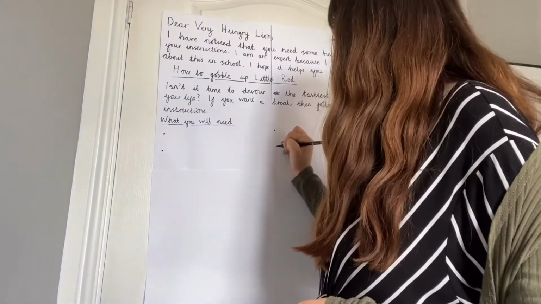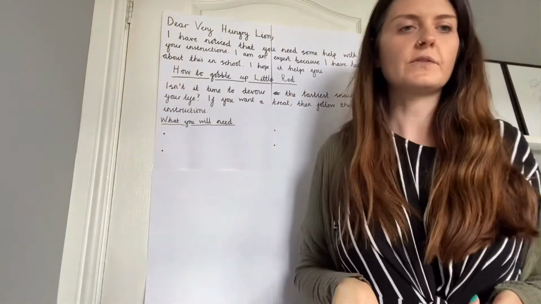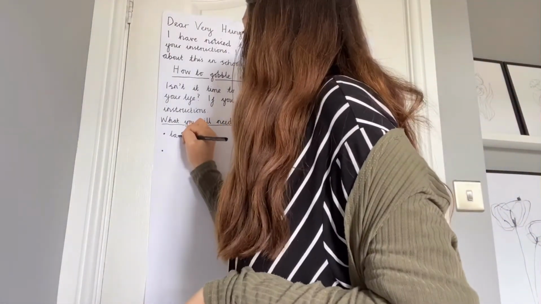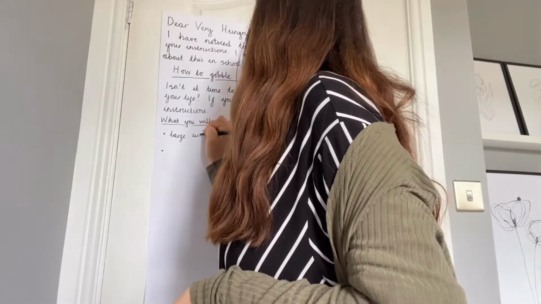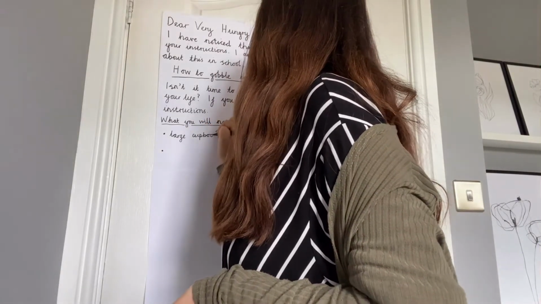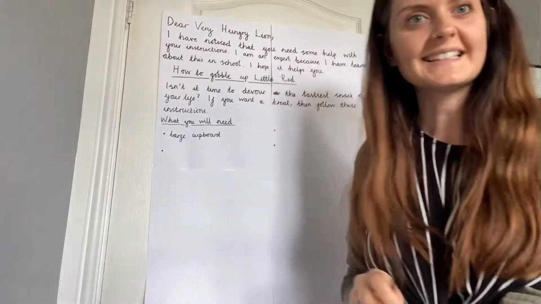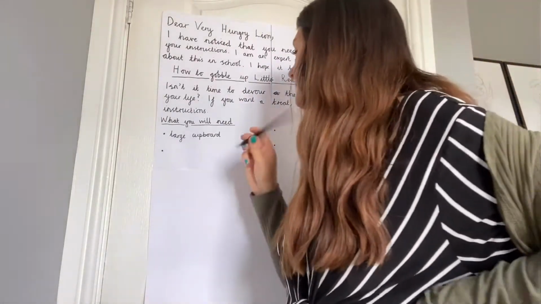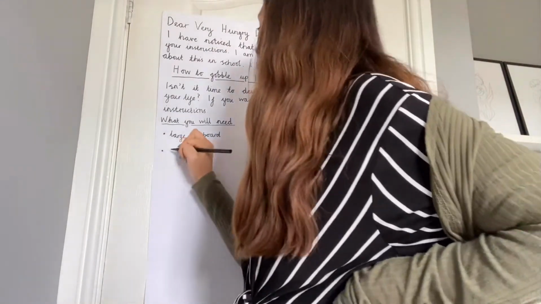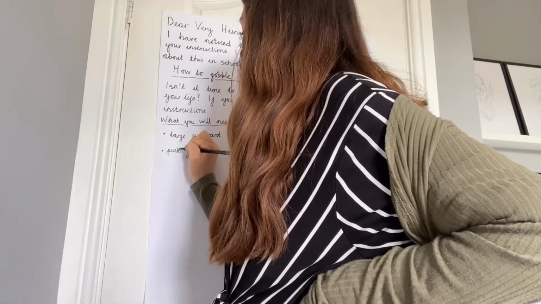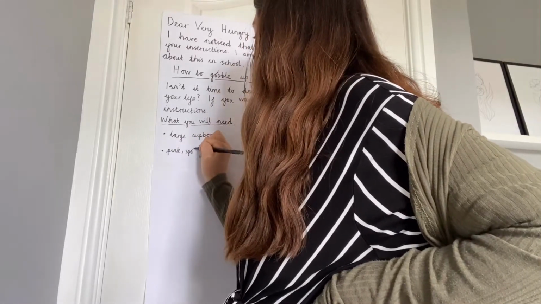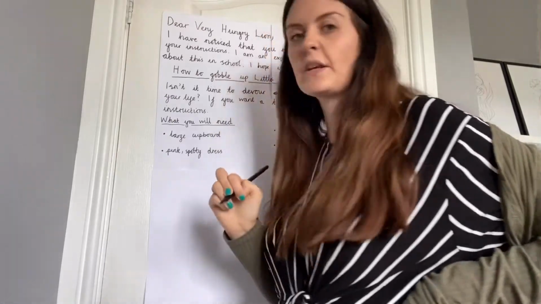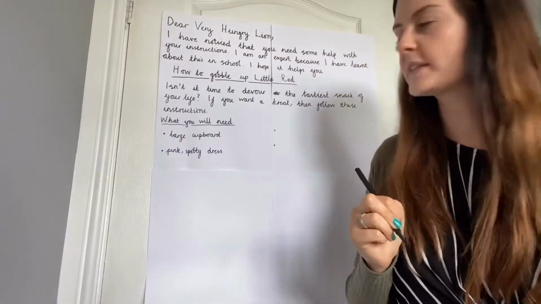Okay, now there's not actually that many things that I'm going to need for my plan, because I am just going to use the lion's plan, but I'm setting it out better for him. So I'm only going to need a large cupboard, and that's what he's going to hide Auntie Rosie in. I'm going to need a pink spotty dress, and that's so he can look like Auntie Rosie.